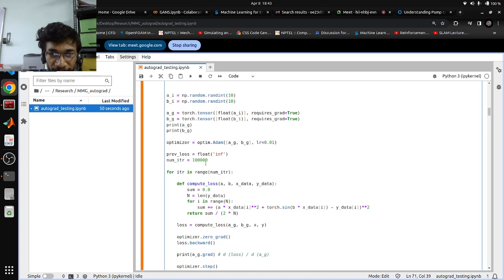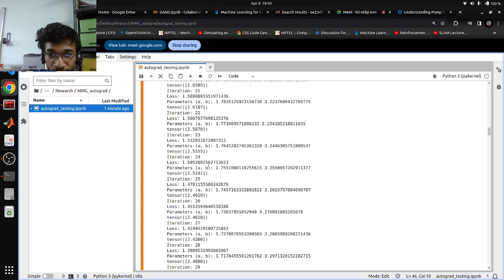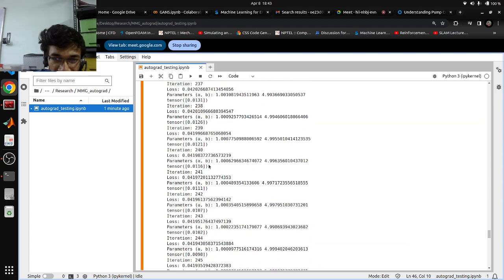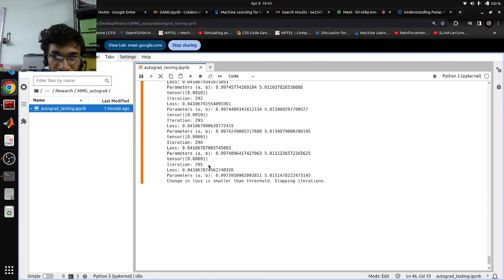Here I had put a very big number of iterations, but as you can see, it went to only about 295 iterations. The change in loss is much smaller than the threshold, so it has stopped.